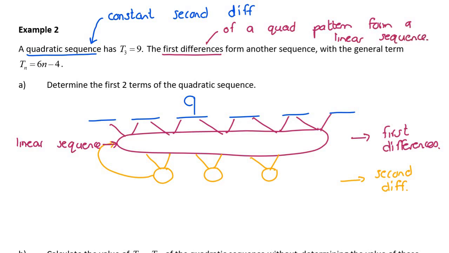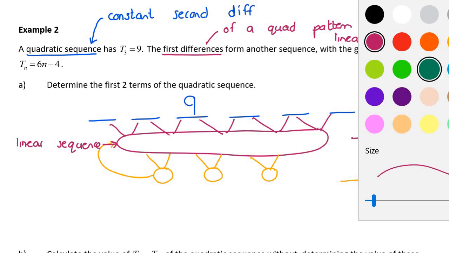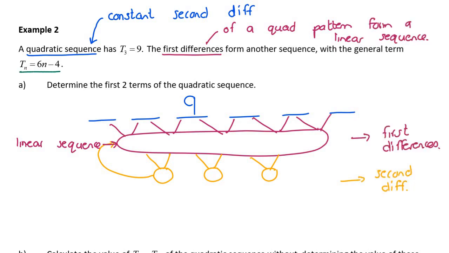I don't know this sequence at the moment, these first differences, but I do know that the difference between the first differences is constant. So those first differences must be linear. Now, in this particular question, they actually give me the formula for that linear sequence. And that linear sequence is 6n minus 4.